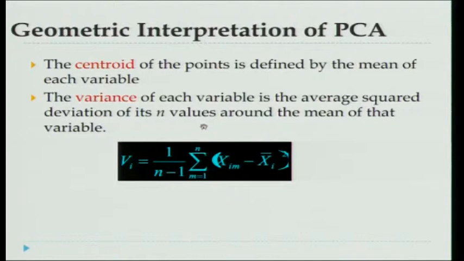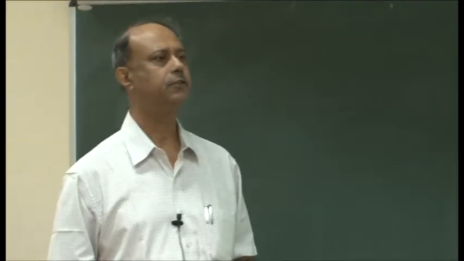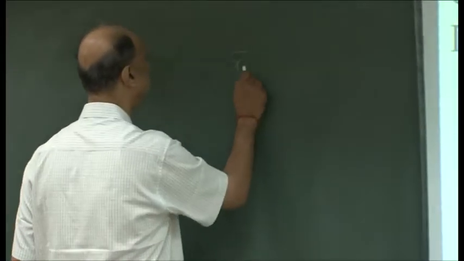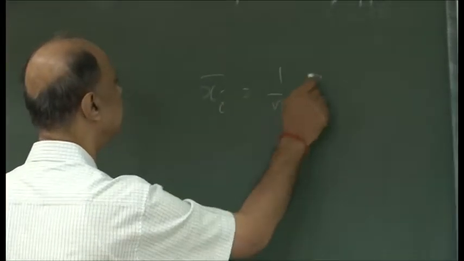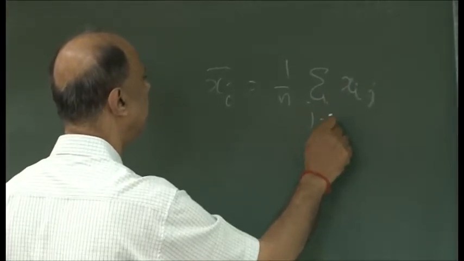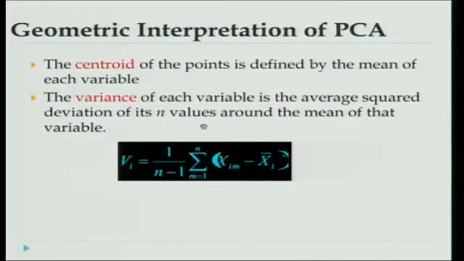Centroid is nothing but the mean of the variables of each object in all dimensions. So, xi bar is equal to 1 upon n summation over xij, j is 1 to p. So, the centroid of the points is defined by the mean of each variable.